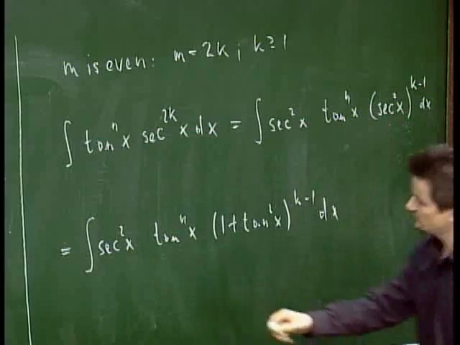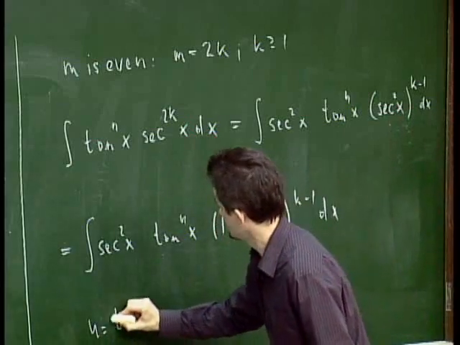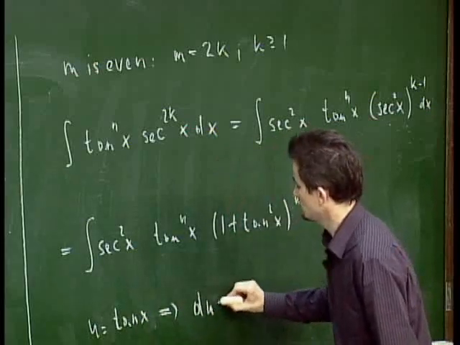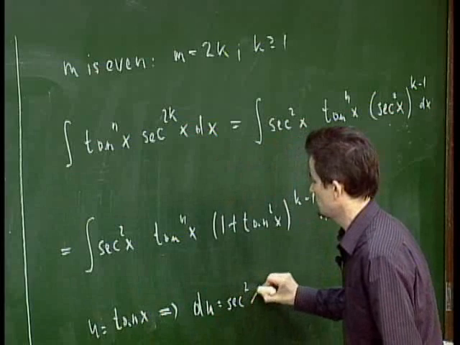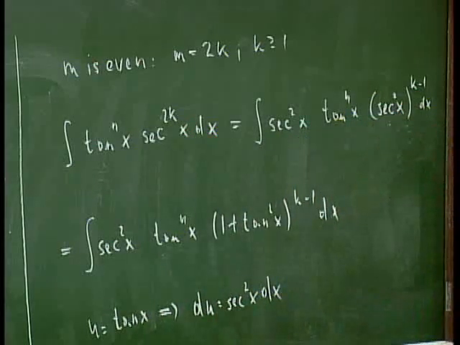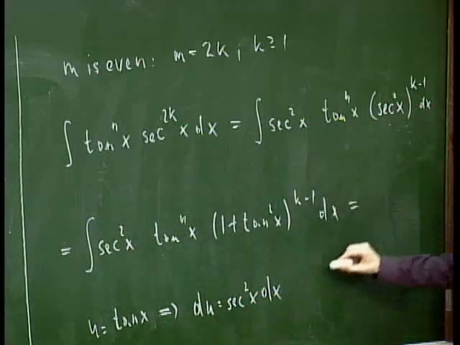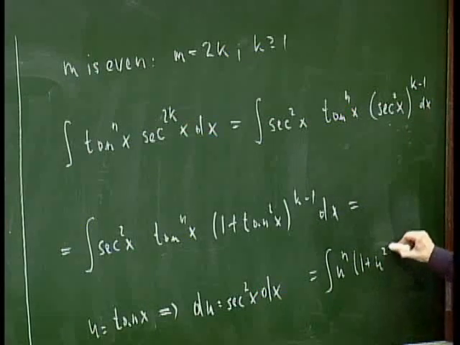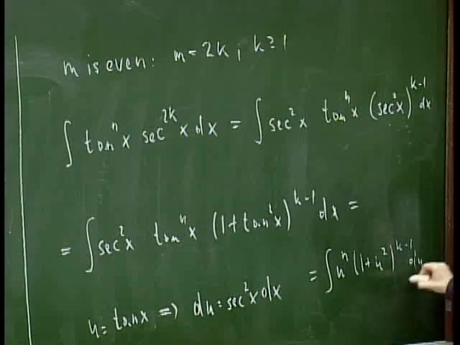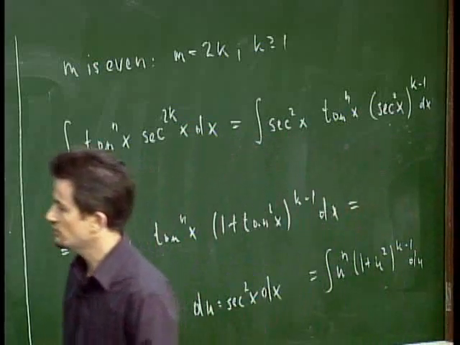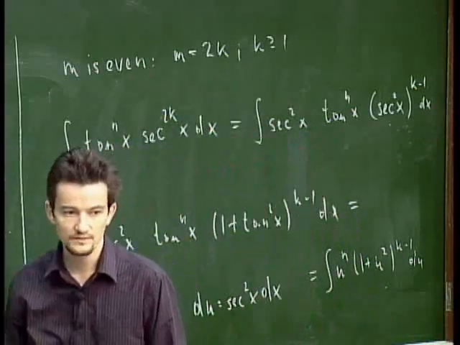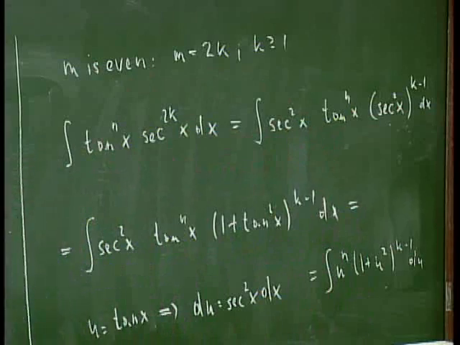In particular, if we substitute u is equal to tangent of x, which means that du is equal to the secant square of x dx, then this integral becomes very easy: just the integral of u to the n times 1 plus u squared to the k minus 1 du. And this we can solve because it's a polynomial. So this is the first case: m is even, not n is even, and the power is larger or equal than 1.